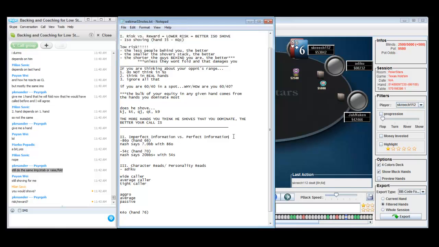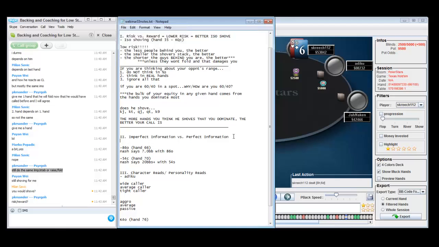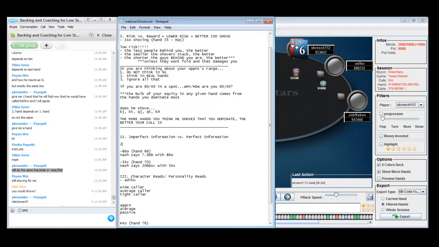He said, I think he'll call wide. So we assumed a calling range just for fun, and we put this in Poker Stove. Basically we gave him any pair, any ace, all Broadway cards, and a random queen 9.